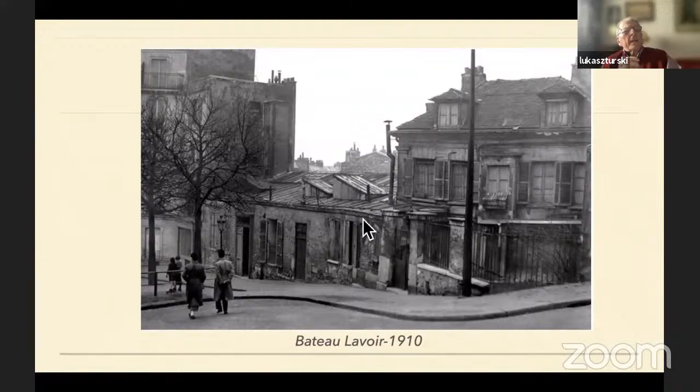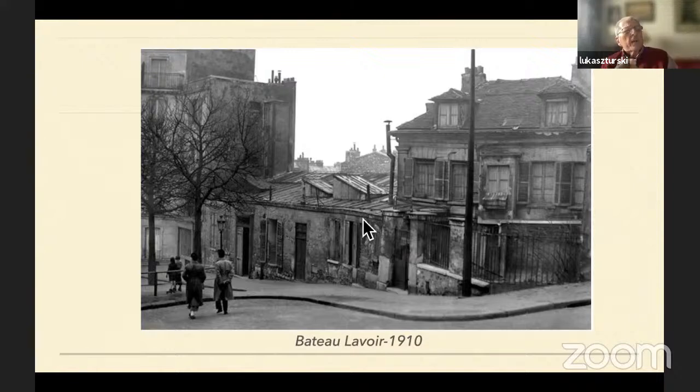It looked like the wash houses, boats, which have been on the Seine River, where the mass washing of the clothes and everything was done commercially. And that building somehow resembles to somebody these boats on the Seine, and that's the reason of the name.